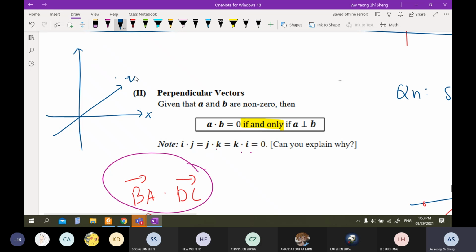Here's my vector i, here's my vector j, here's my vector k. And so obviously i and j are perpendicular, j and k are perpendicular, and i and k are also perpendicular, because you have a 90 degrees here, a 90 degrees here, and also a 90 degrees here.